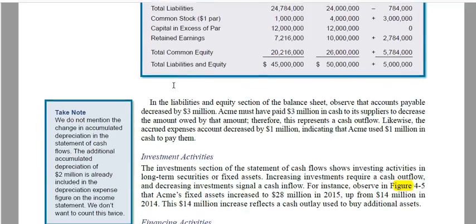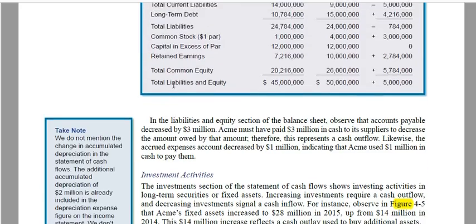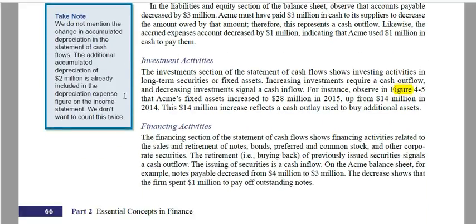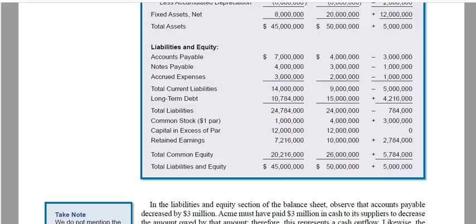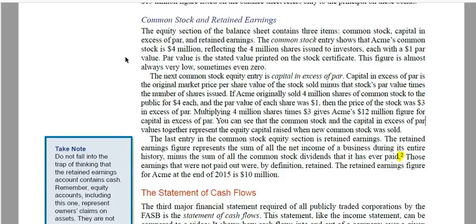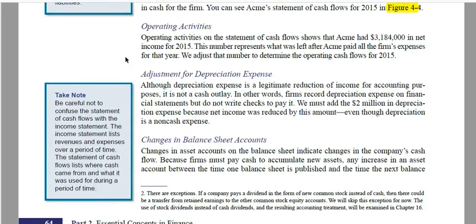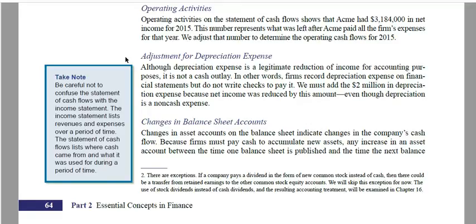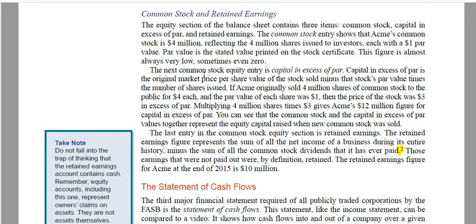Now, the thing I wanted to also point out is this book is arranged kind of weird. So the balance sheet is on page 66, but the actual explanations for it are before that on page 64 and even before that. So the part that we need to talk about for this problem is explained right here on page 64.